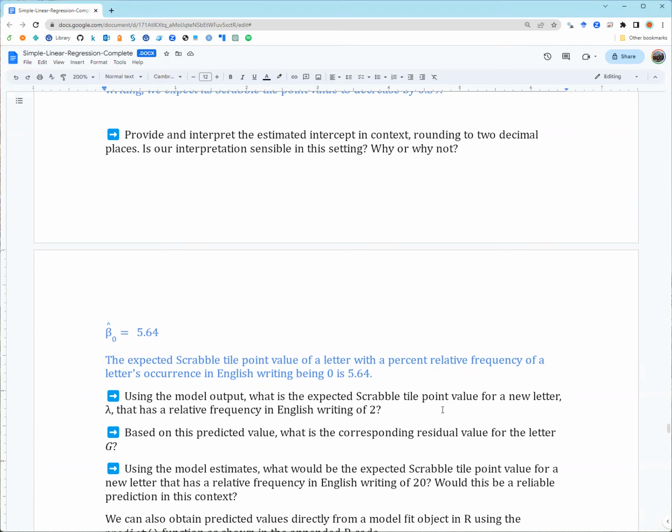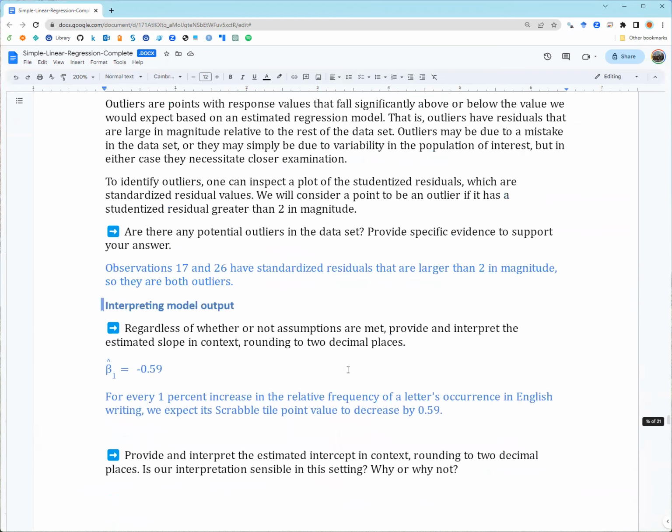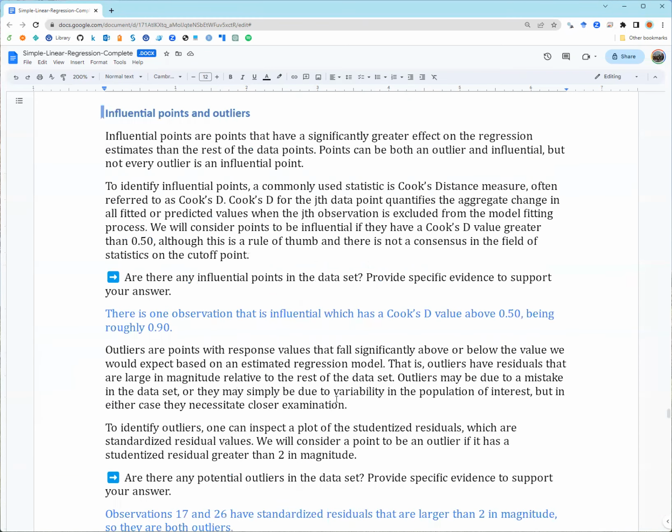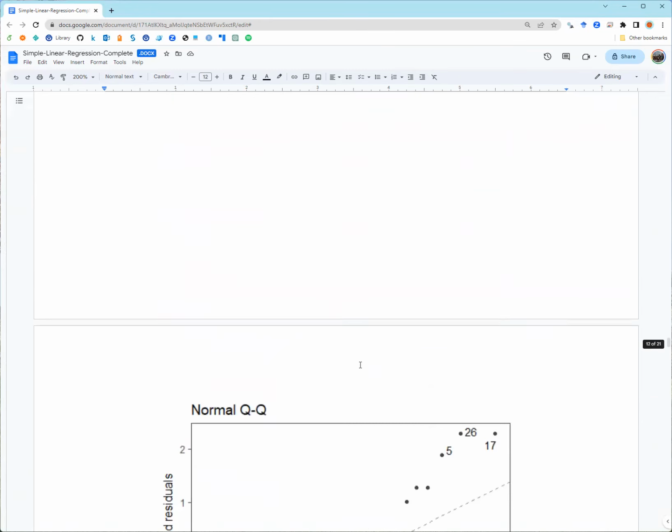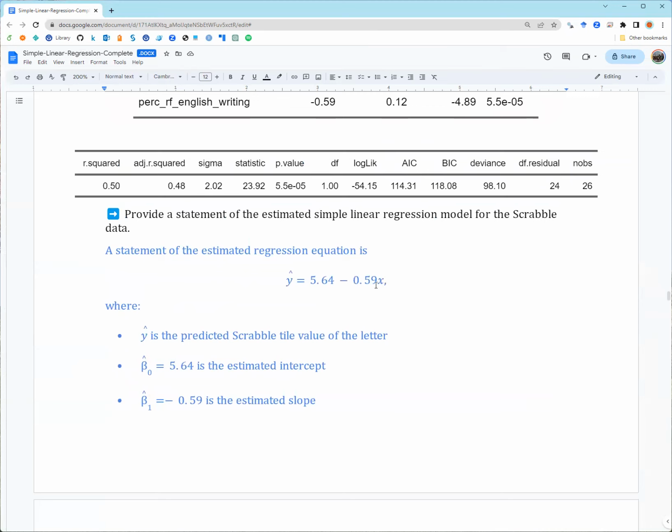Let's suppose we had a new letter lambda that has a percent relative frequency of 2. What would we expect its Scrabble point value to be? Okay, so this is where we will use our estimated regression equation to answer this question. So we're going to get a predicted value.